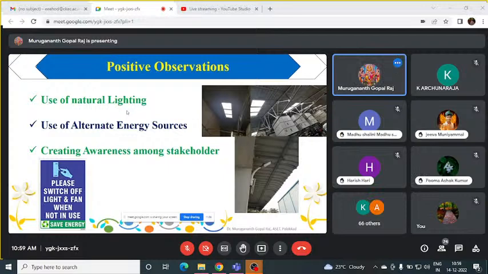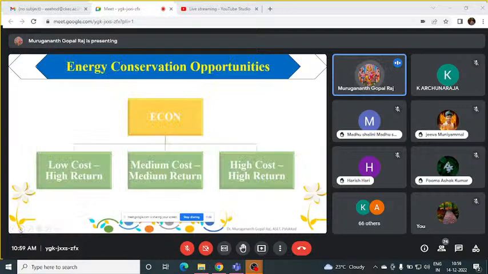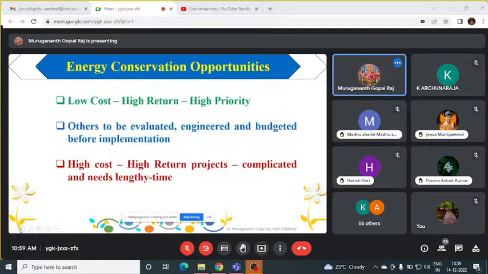So we can categorize all these energy conservation opportunities into three different types, and according to the client's interest we can say which one to take. Always the low cost, high return is the high priority; the others have to be evaluated. We have to think about investments and the budget. Whereas the high cost and high return ones are complicated and take a lengthy time.